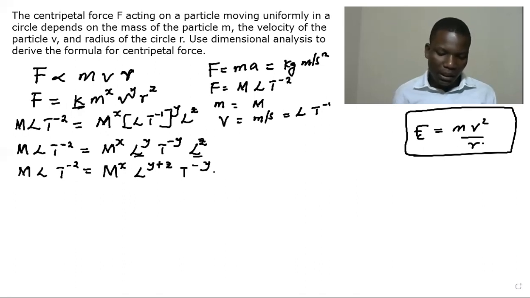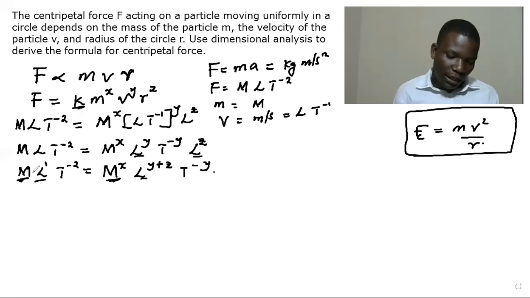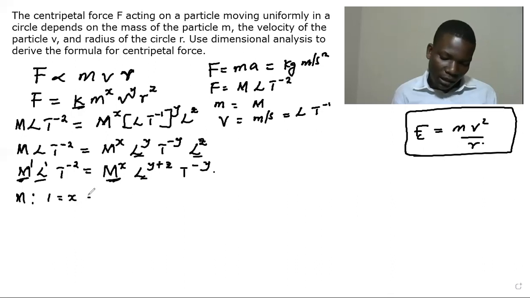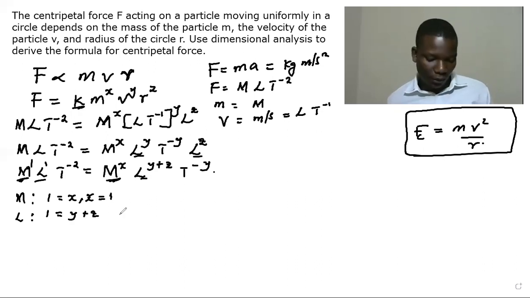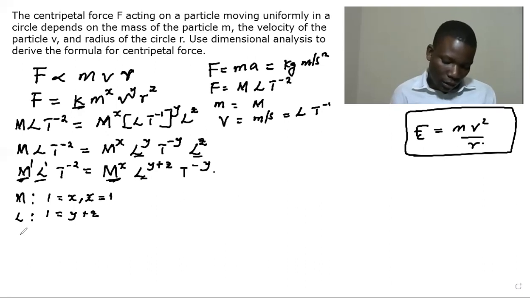We can equate the powers where we have the same bases, M and M, we equate their powers. L and L, we equate their powers. Here we have 1 and here we have 1. So for M, we have 1 equal to x, or x equal to 1. And for L, we have 1 being equal to y plus z. So we have 2 unknowns, so we can jump to the third one.